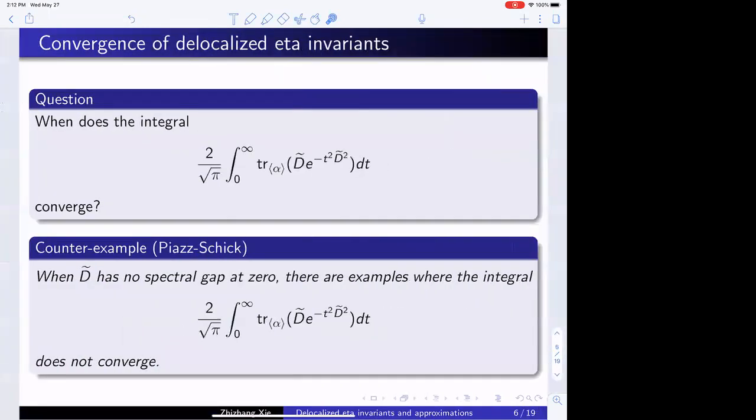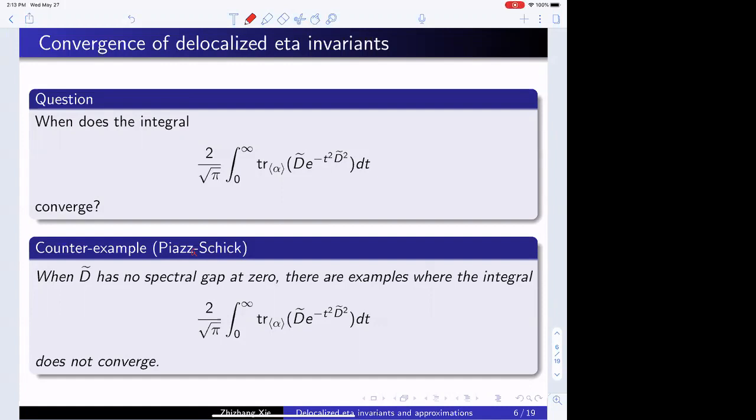So let's talk a little bit about in what kind of context, or under what conditions, this integral actually makes sense. Before that, let me point out that if you don't assume any condition, there are counterexamples, for example by Piazza and Schick.